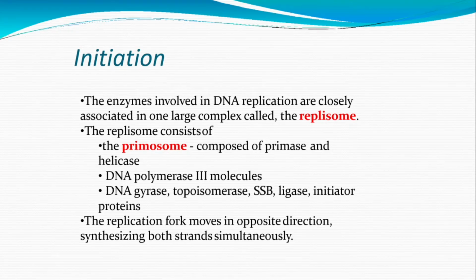Now you can think of the initiator proteins. The first initiator protein is DnaA itself. The initiation of replication at the origin of replication, oriC, commences with the formation of a complex that ultimately requires six different proteins.